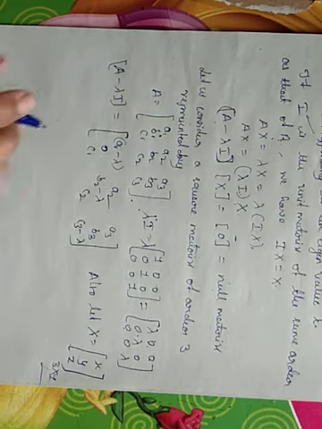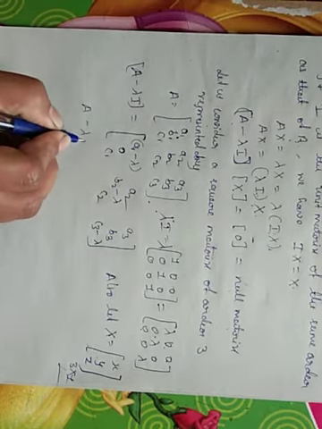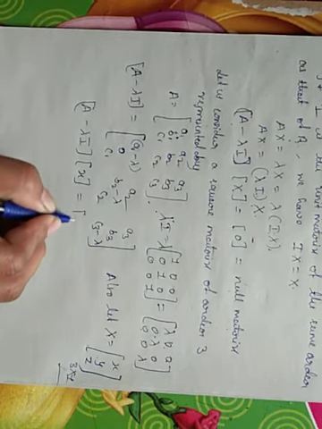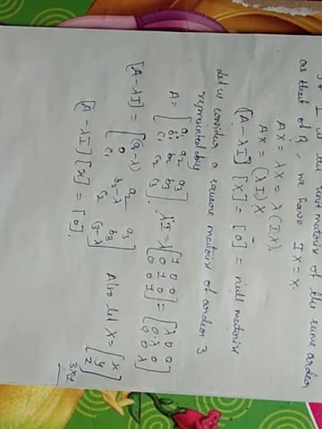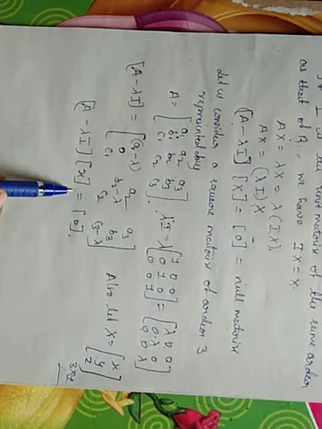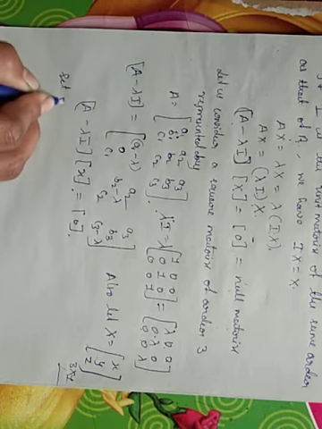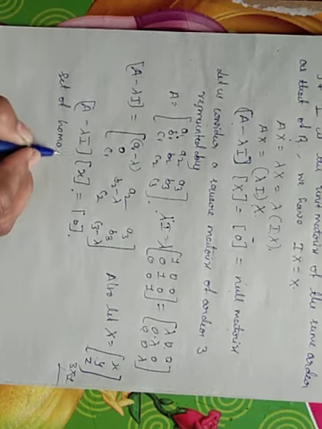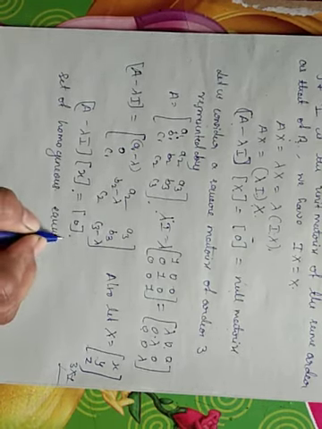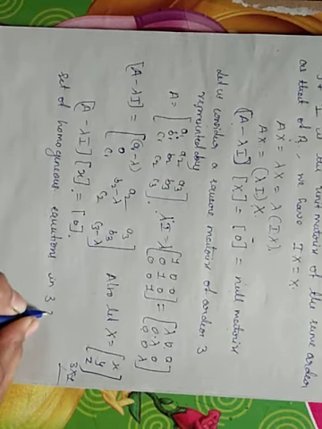Now we write A minus lambda I into X equal to 0. This represents a set of homogeneous equations in 3 unknowns.